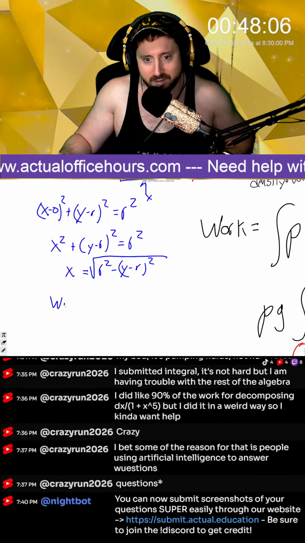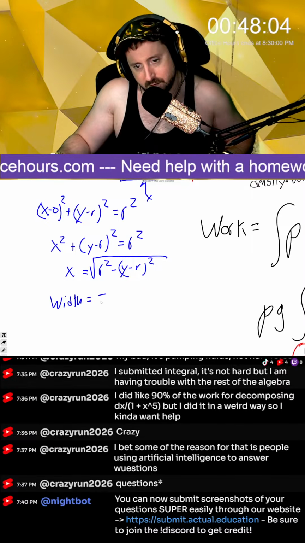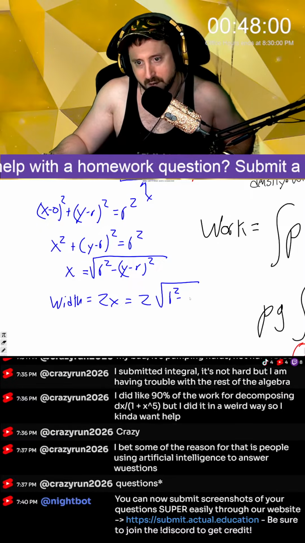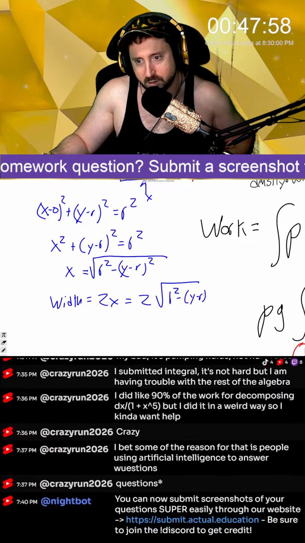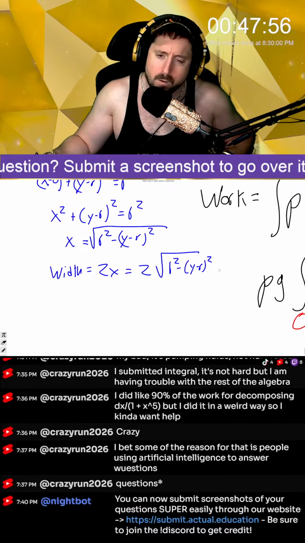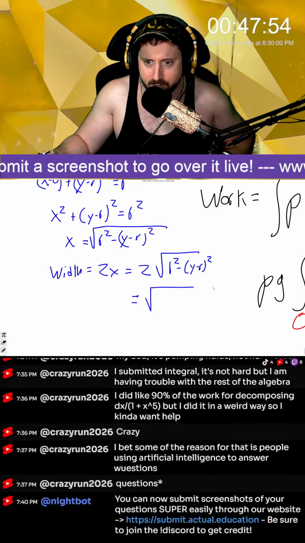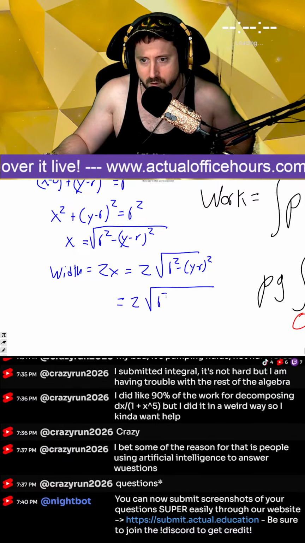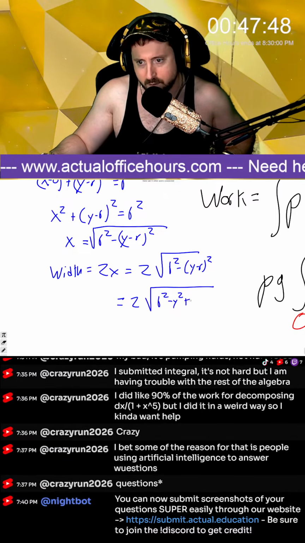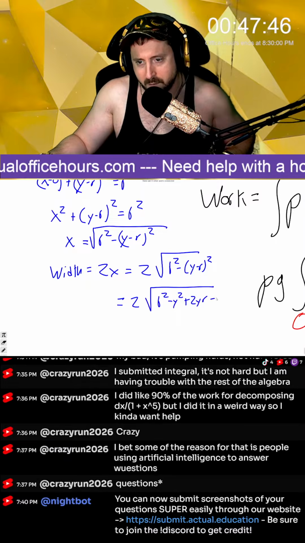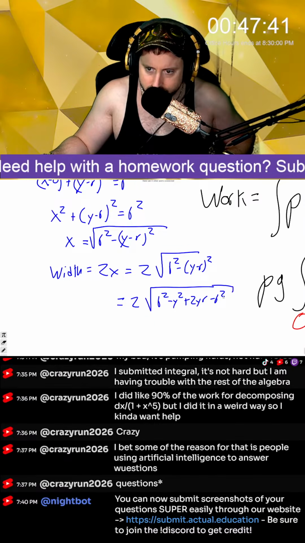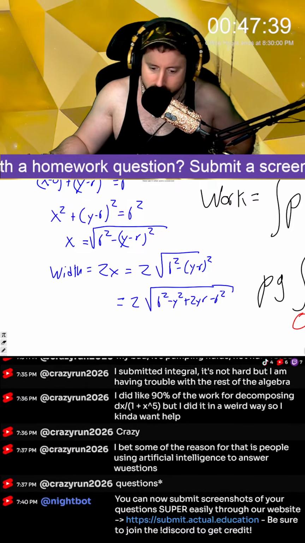So the width is equal to 2x, which is equal to 2 square root of r squared minus y minus r squared. We can simplify that, right? So that's 2, and that's r squared minus y squared plus 2yr minus r squared. I think so, right?